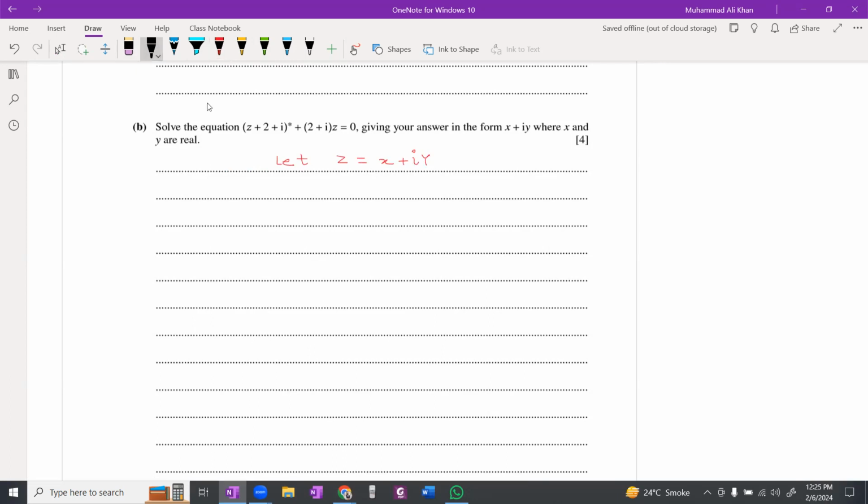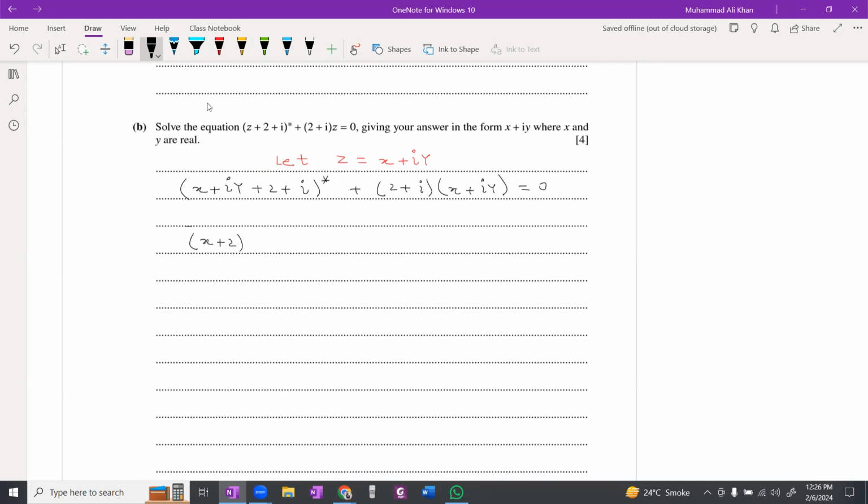Substitute in the equation. So it will be x plus iota y plus 2 plus iota conjugate plus 2 plus iota, and x plus iota y equals to 0.